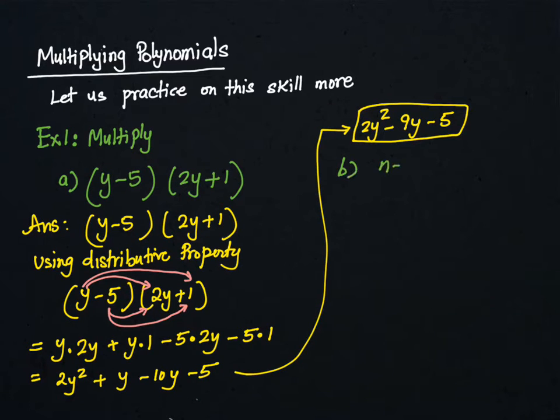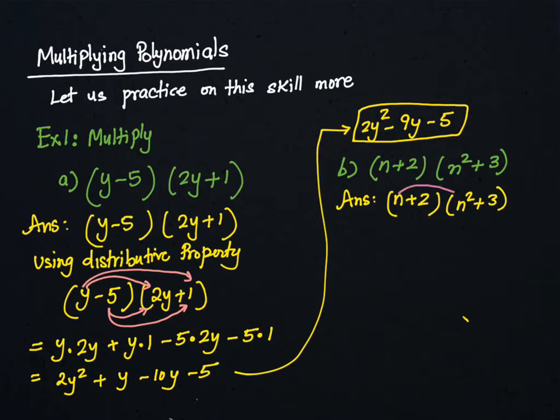Okay? Another example here. n plus 2 times n squared plus 3. Same thing. I always rewrite the question and then I would do the arrows. Always. Okay?